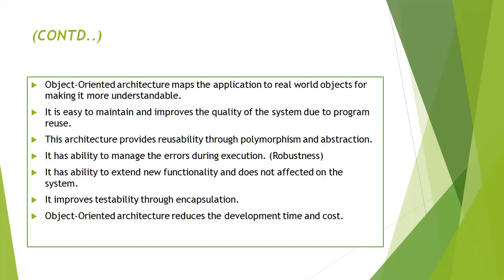So automatically code is reduced in object oriented programming languages. Whenever the code is reduced, automatically processor time is saved, user time is also saved. So it won't affect the cost also.